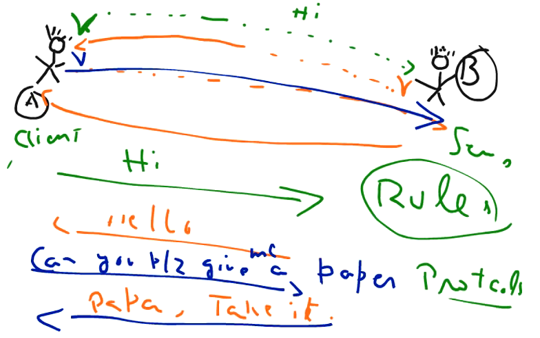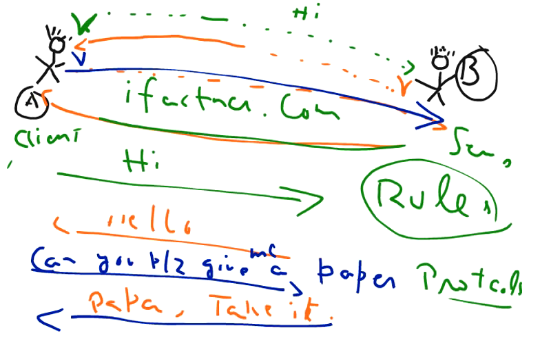So client says hi, server says hello. Client says, can you please give me a copy of this web page on ifactner.com? And if server is able to provide a copy, then he gives it back to the client.